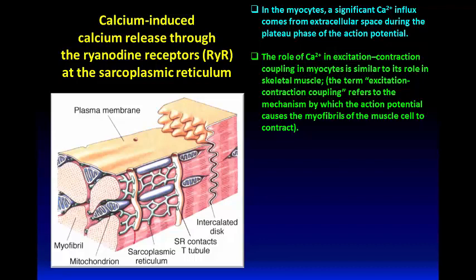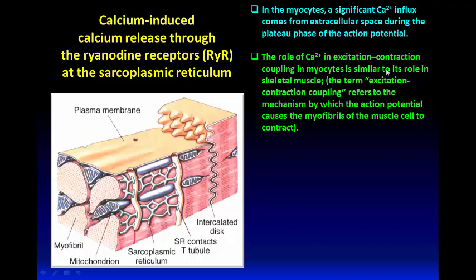This is different from what we have in the skeletal muscles. We do not have calcium influx during the action potential in skeletal muscle fibers. But this influx of calcium in the myocytes is important.